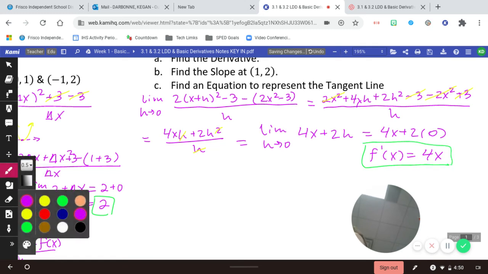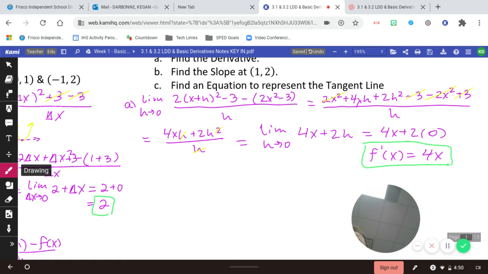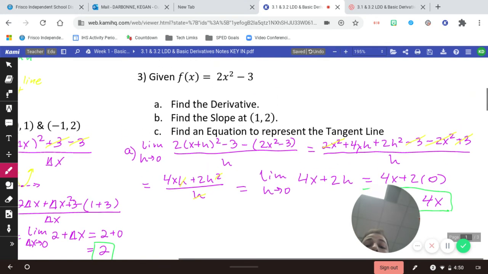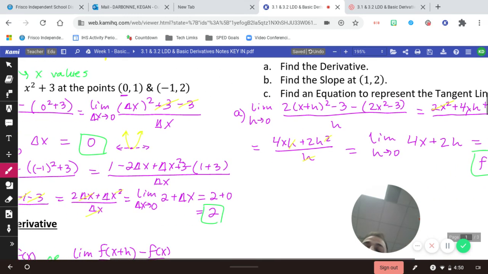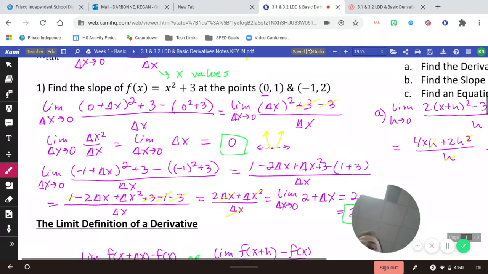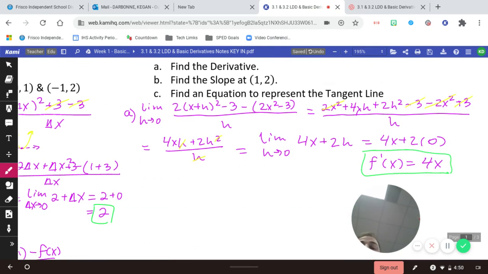And that's our part A. Okay, now part B, we want to find the slope at (1, 2). Now previously, we plugged it into our big long equation to find the slope. But now, we're not coming back to that anymore. Now, I have an equation for the derivative.